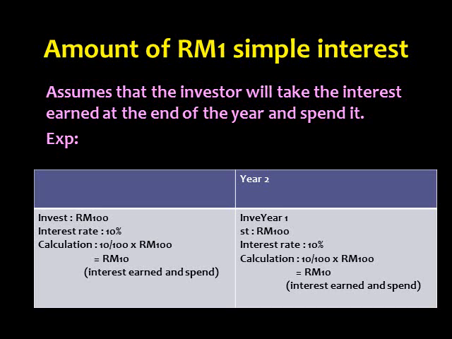We can divide the amount of 1 ringgit into two. The first one is the amount of 1 ringgit at simple interest. Here we assume that the investor will take the interest earned at the end of the year and spend it. For example, you invest RM100 with 10% interest, and you will get 10 ringgit as the interest earned, and you spend that. So your money now will be 110 ringgit.